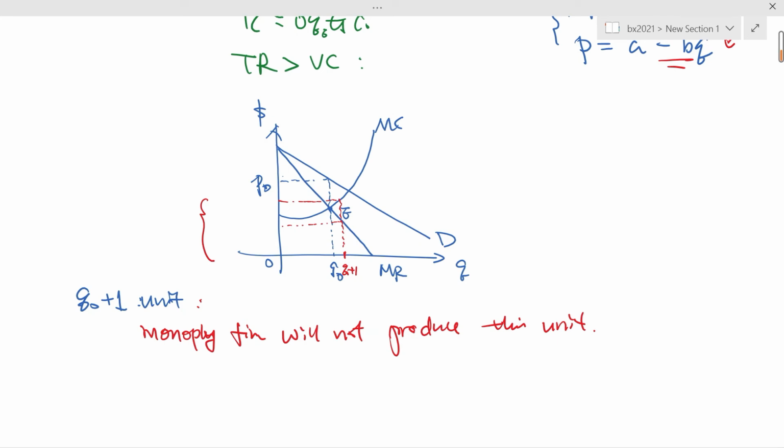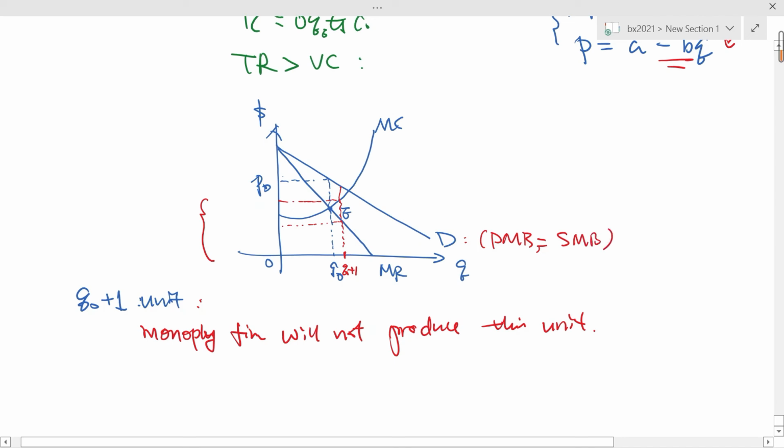In other words, how much are consumers willing to pay for this unit? So let's go from quantity QO plus 1 up to the demand curve. Remember, this demand curve is also the private marginal benefit curve, and because there's no externality, it's the same as the social marginal benefit.